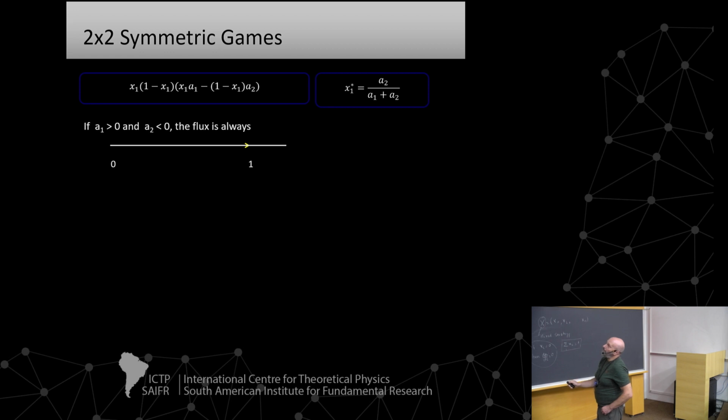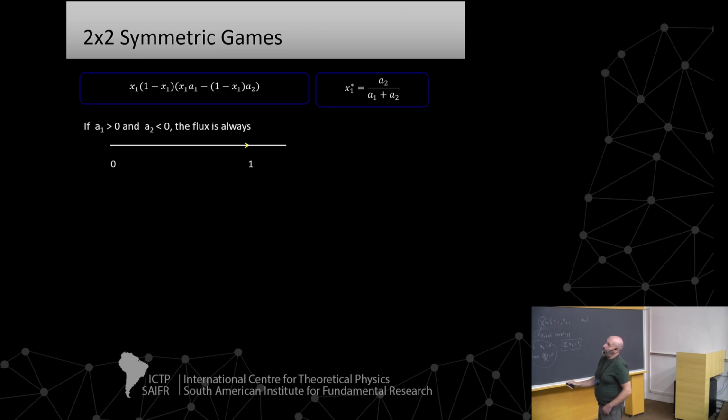So the derivative of x will always be positive. So for this situation, the derivative between 0 and 1 is always positive. If I am in the middle, I will be driven towards the 1. So in this case, 1 is the only steady state.